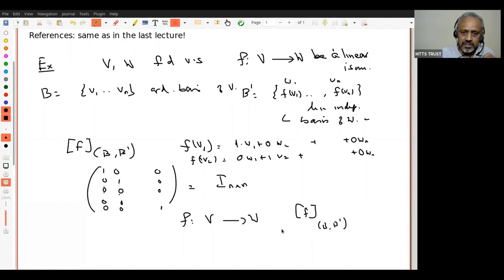The trick is to choose bases of V and W suitably. Here, what did I do? I took any arbitrary basis of V, but then I chose my basis of W suitably, namely the image of the basis of V under F. You understand this? Pause, review, and proceed.